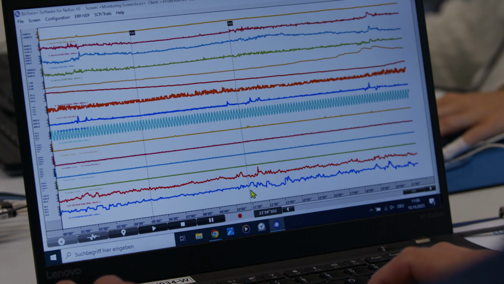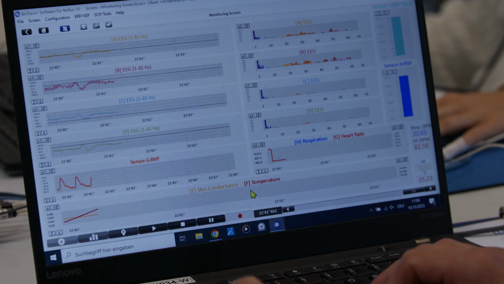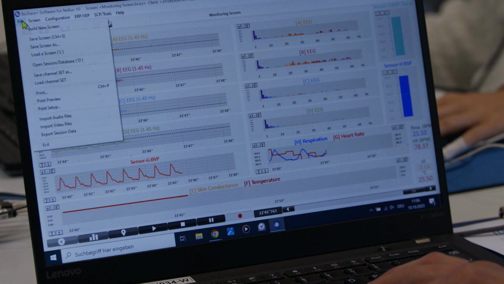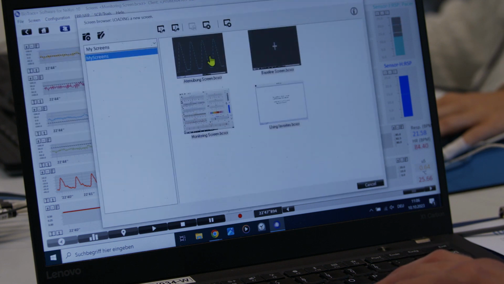Now back in BioTrace, I change back into my monitoring screen, and now I load the screen for the breathing protocol. Again, here I open it in the second screen.